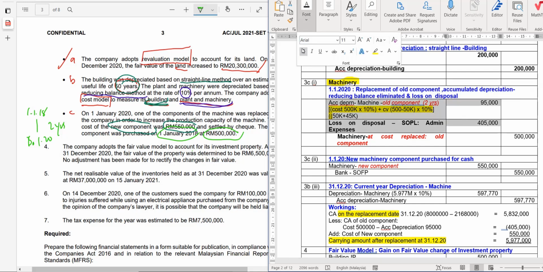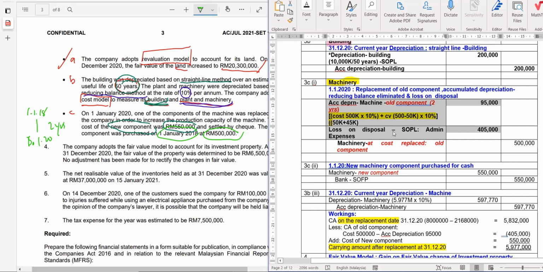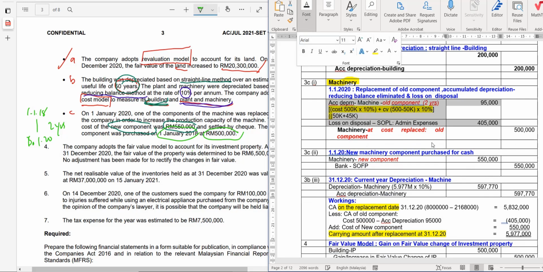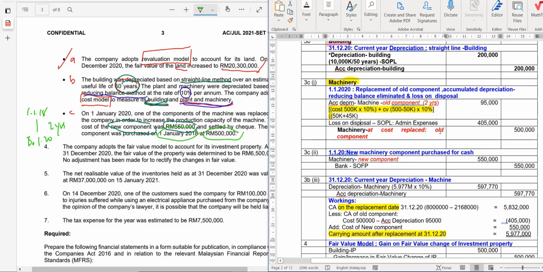That difference is the amount that you need to write off, which is your loss. So that loss on disposal will be 500,000 minus 95,000. That was the journal entry for the first step, the replacement of the old component, with the accumulated depreciation using reducing balance method eliminated together with the loss on disposal.